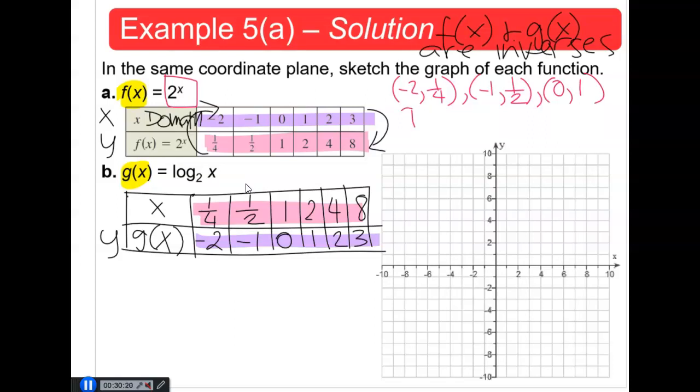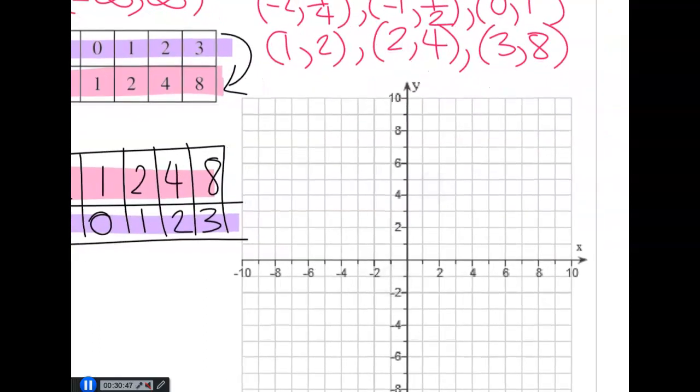Then 1, 2. And then we will have 2, 4. And then 3, 8. Remember, the domain for this function is all real numbers. So don't think that those are the only x values that we're allowed to have. Those are just, for convenience, easier to graph. So that's why we use those.